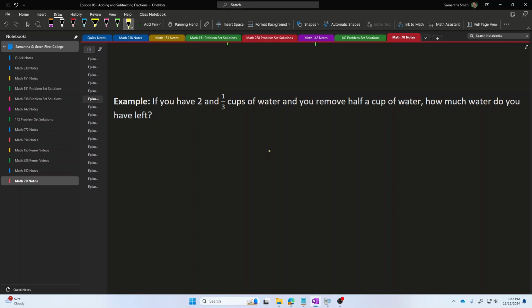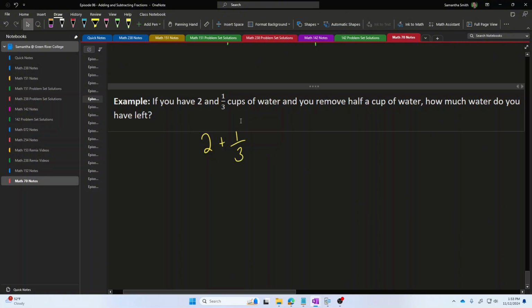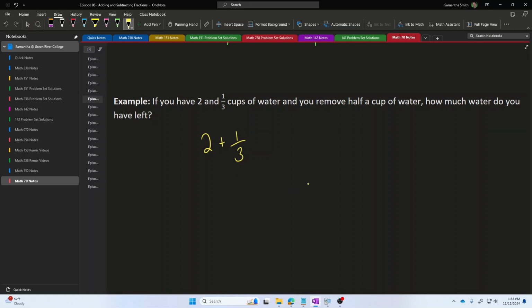The keyword "and" refers to a total and an addition. If I have 2 and 1/3 cup of water at the start, then I have 2 plus 1/3 cups of water in total at the beginning. And from that, I would like to remove 1/2 a cup. So I'm going to subtract 1/2 from that.